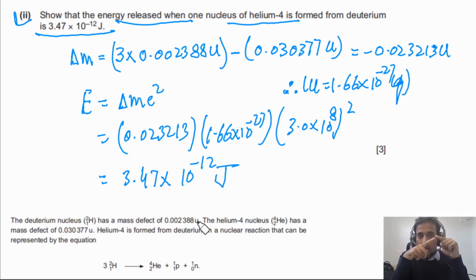You need to understand how to calculate energy released based on given binding energies, based on given mass defect, and also based on mass defect by calculation. Sometimes mass defect will not be given to you; you have to calculate it. You calculate the mass of reactants minus the mass of products, find the mass difference, and then use the formula.